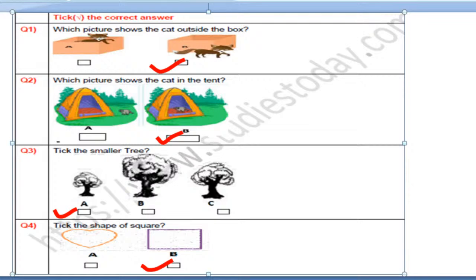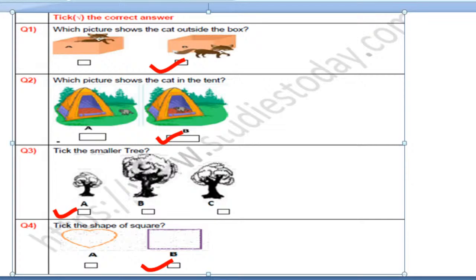Now, question 4. Between these two shapes, which one is the square? B. Again, it is a square. It's not a rectangle. In the fourth one, the B option is correct.